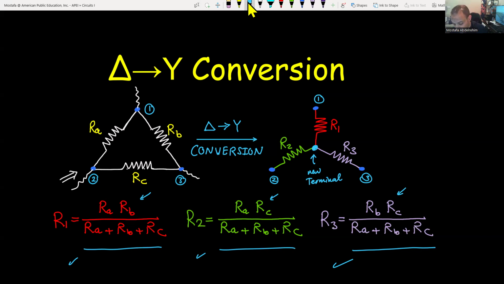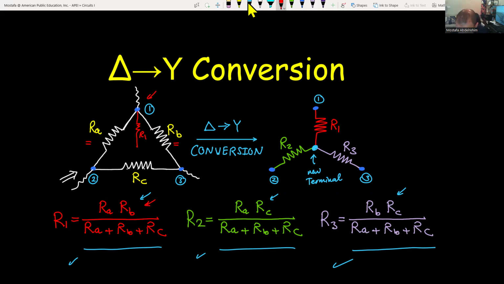Okay, so let's start with R1, for example. R1 is connected between RA and RB. So this is R1 here. It will be connected to the same terminal that was connecting RA and RB, so it is going down from this terminal. That's why you're gonna see here in the numerator RA multiplied by RB.